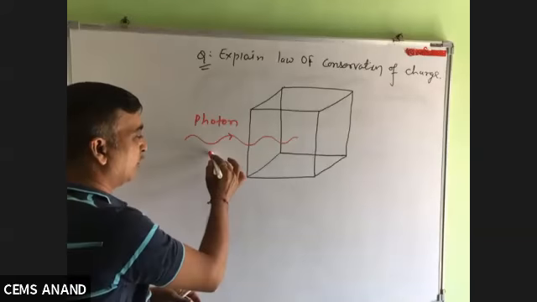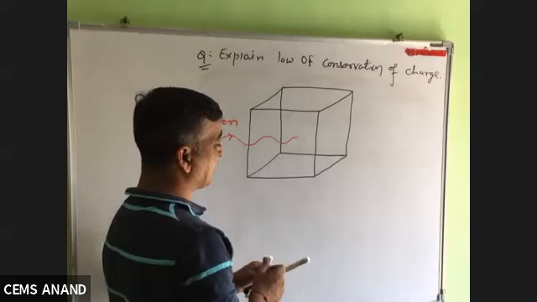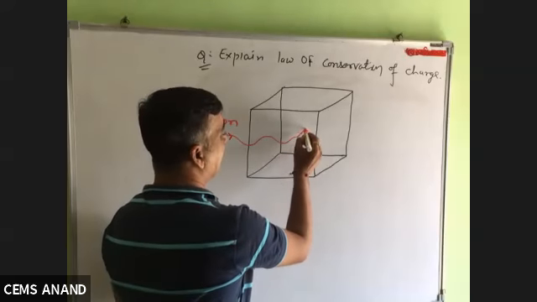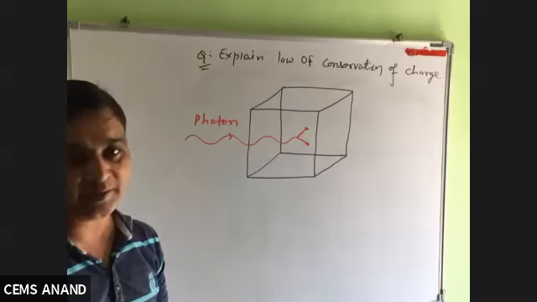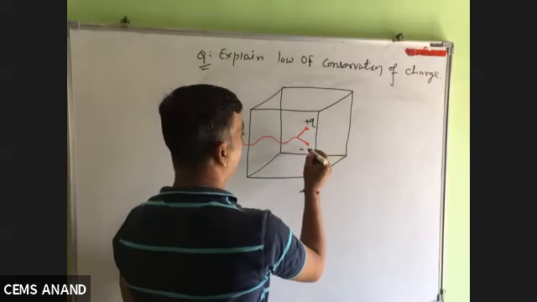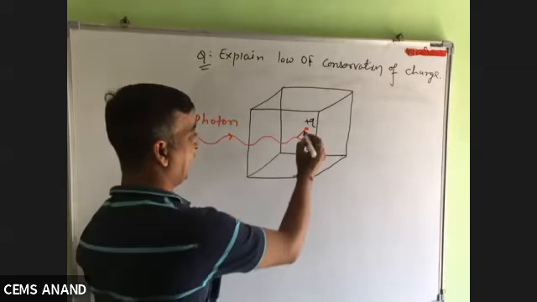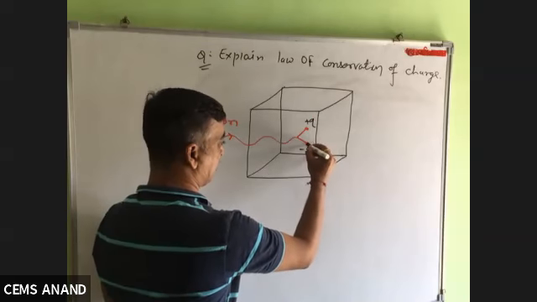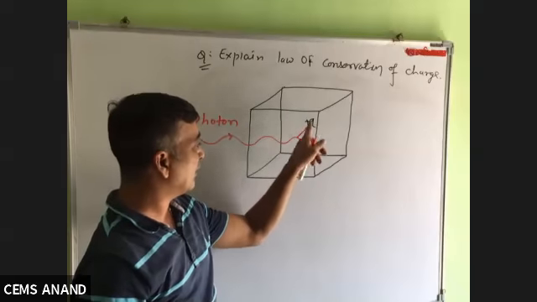Or you can use a gamma ray, which when it enters inside, gets divided into 2 parts, or we can say it generates 2 charges. One is positive and the other one is negative. Let me show the negative here by black color and the positive one.